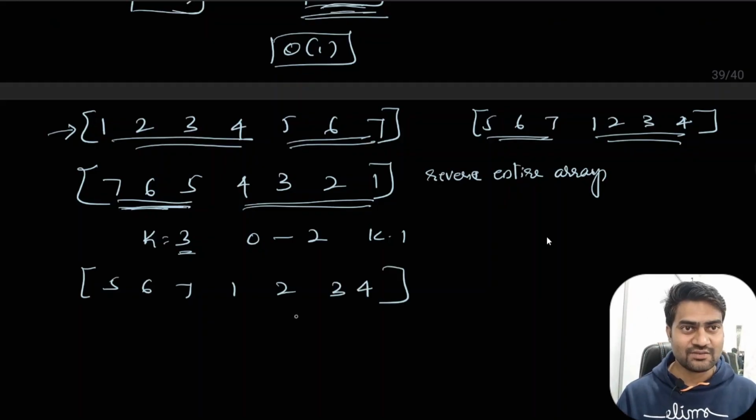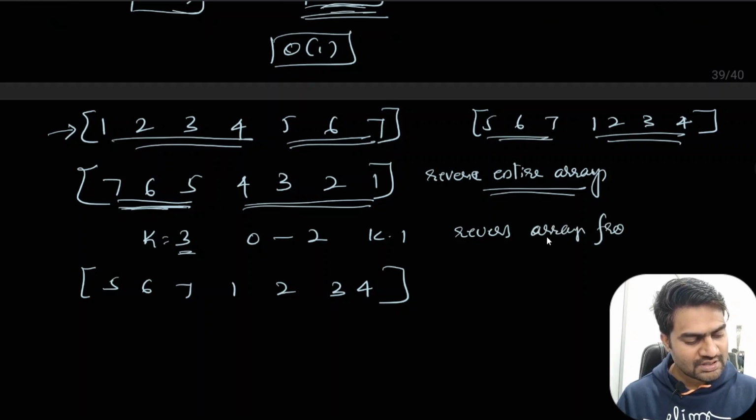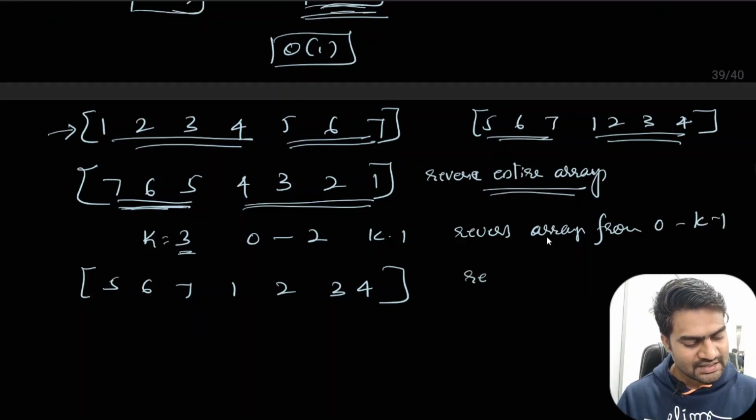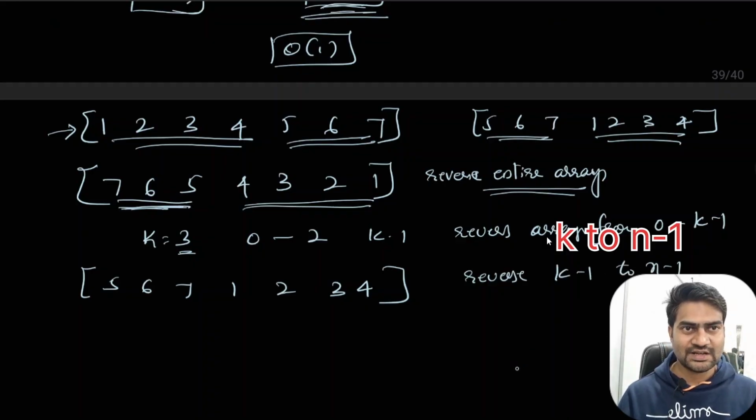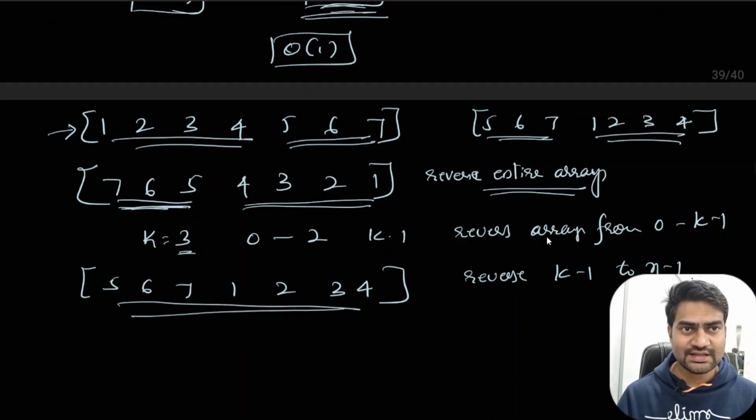If you see, we got the rotation we wanted. So what I did, basically, I reversed the entire array once, then reversed the array from 0 to k minus 1 index, then again reversed separately from k to n minus 1. We are following 3 simple steps. So with this, we will get our rotated array.